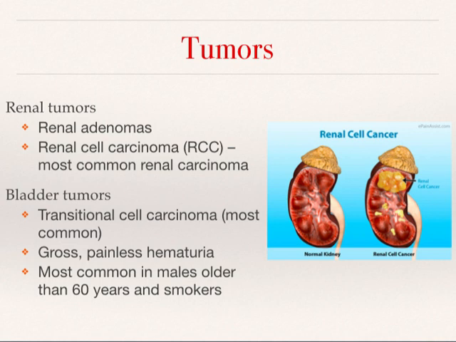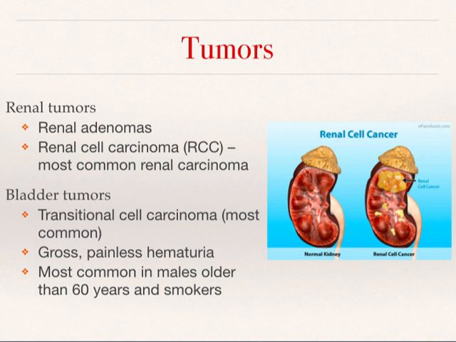So if there's blood in the urine and we don't have another underlying reason why, like an infection or a stone, where it wouldn't be uncommon to have blood in your urine, then it's something we have to be looking at. Obviously later down the road, they may present with flank pain or changes in their kidney function, but at the beginning, they may not have a lot of symptoms.